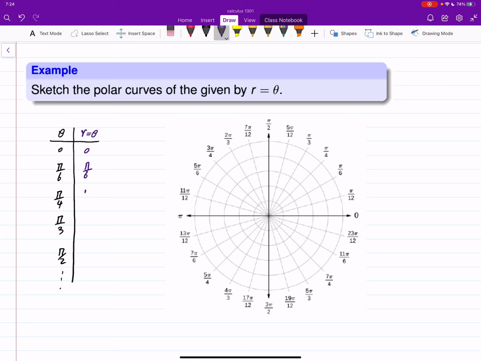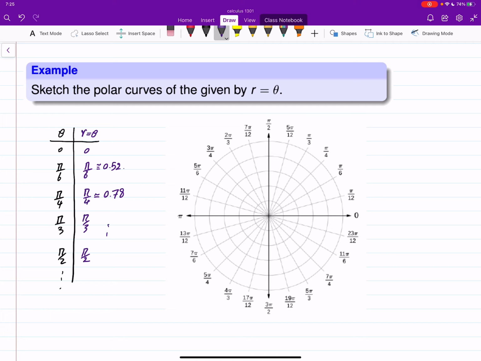You may ask, what does pi over 6 mean as a number? Remember, pi is 3.14 and so on. So divided by 6, you get about 0.52. If you divide it by 4, you get something like 0.78, and so on.